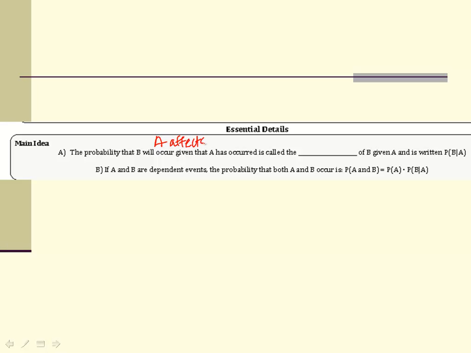Okay, so the probability that A affects B is what we call a conditional probability. And what that means is there are conditions.